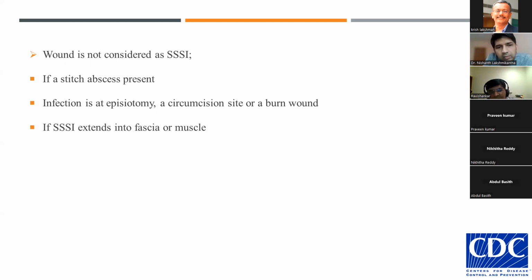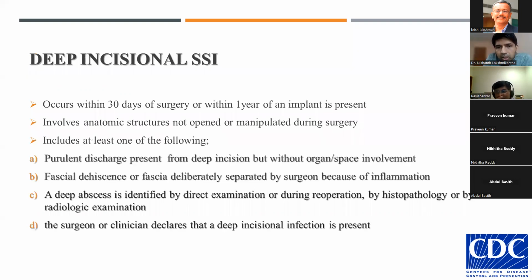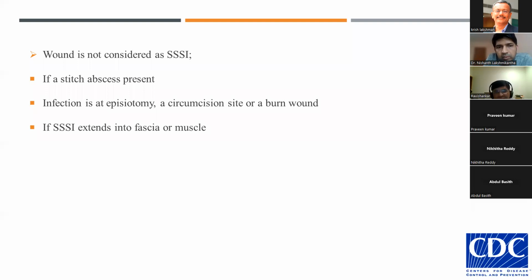They're also infected, but there it is not considered. That's why I had a doubt about that. I'm not sure, to be honest. But this is a CDC definition, from the CDC guidelines.